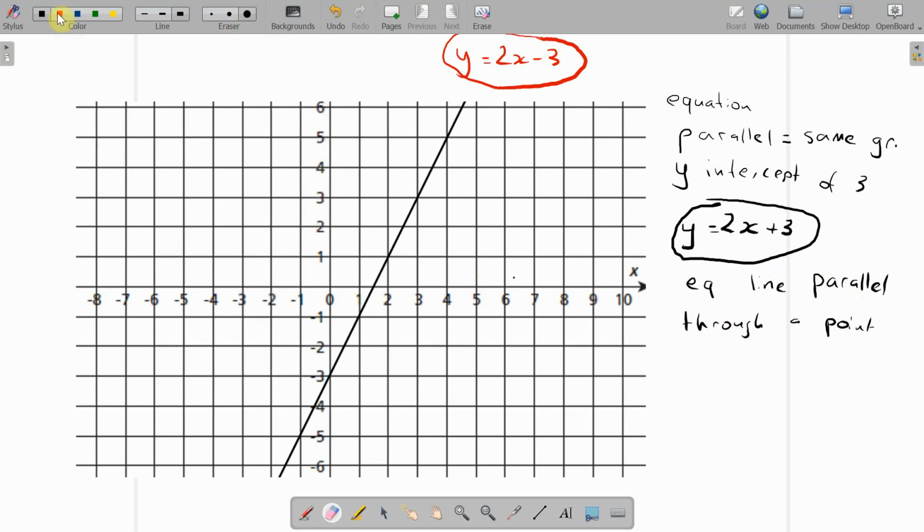We're going to go through a point, and we'll make that point this one. Going through a point, what's that point? -2, 4. So what happens then? So what we do is we start the equation the same way because it's parallel.